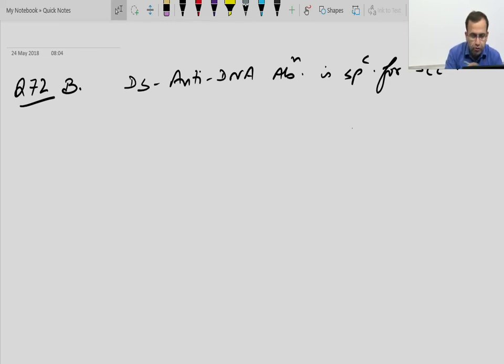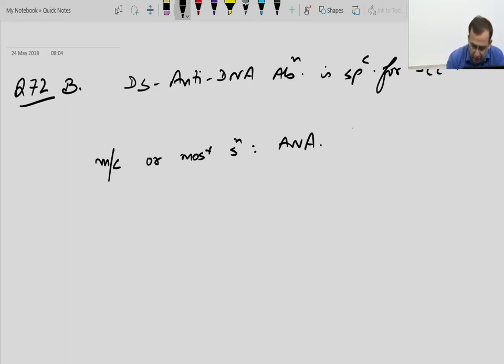Next point. Before we go further, let us have a look at antibodies seen in lupus. First point, most common or most sensitive antibody is ANA, anti-nuclear antibody. Next point, most specific.